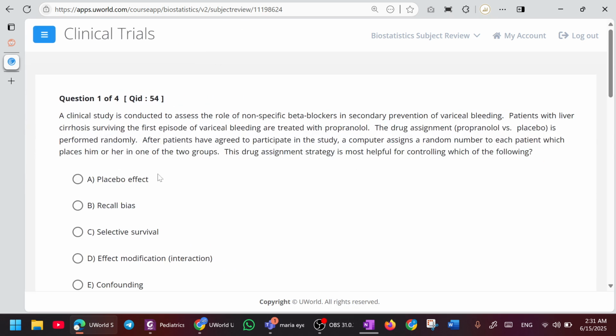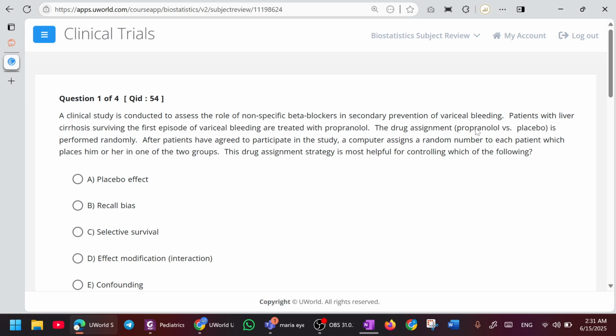Okay, clinical trials. A clinical study is conducted to assess the role of a non-selective beta blocker in secondary prevention of variceal bleeding in patients with liver cirrhosis. Patients with a first episode of variceal bleeding were treated with propranolol.